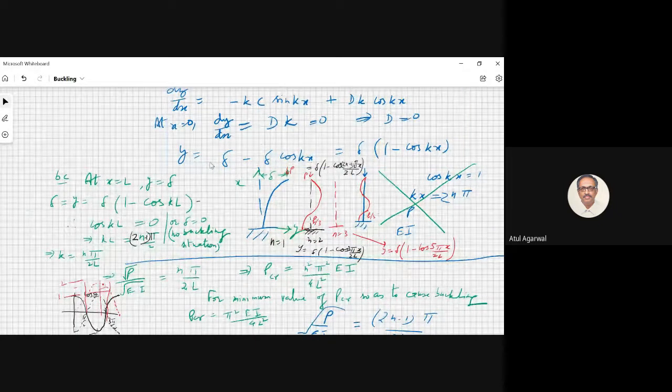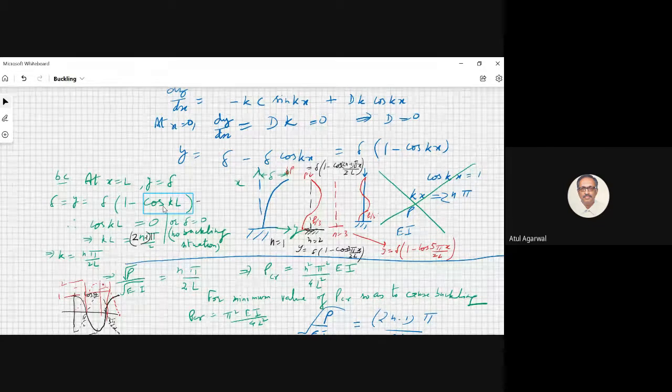So I had found that y is equal to delta into 1 minus cos kx. You see, this was one case. We had found KL is equal to (2n minus 1) pi by 2. So you have got this kind of a situation.